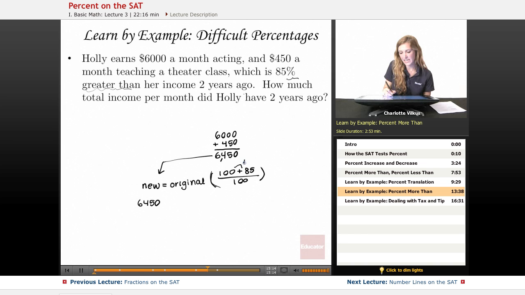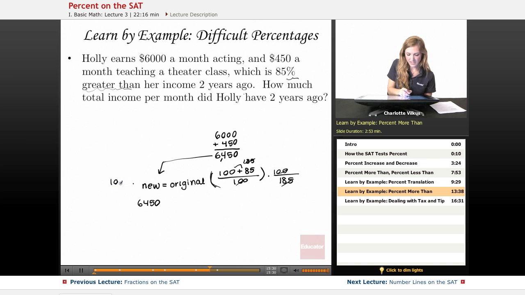So here we would really have 185. If we invert it and multiply, we'll get to cancel out this fraction on this side. So 100 and 100 will cancel, and 185 and 185 will cancel.